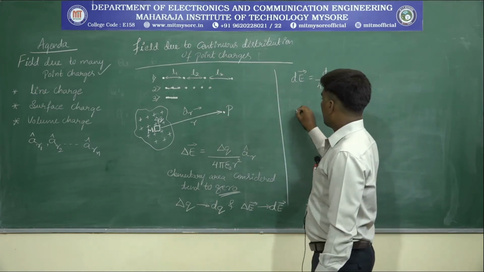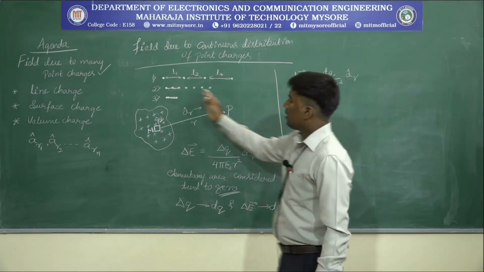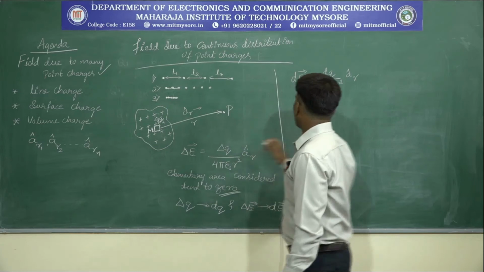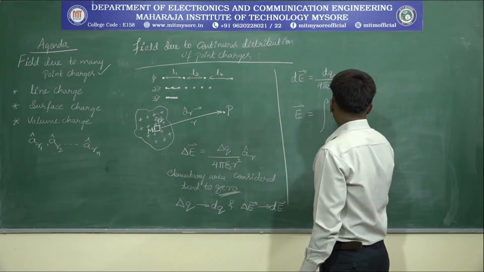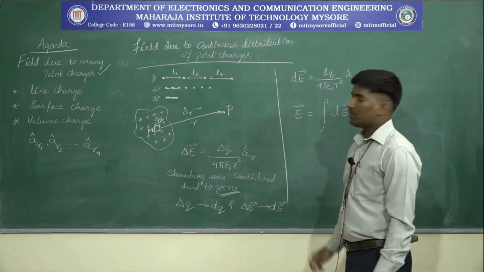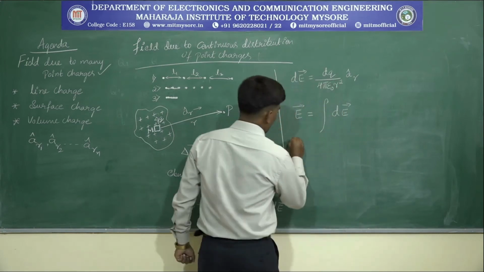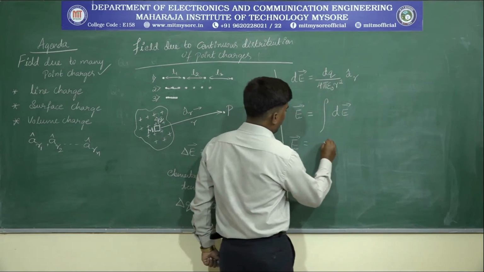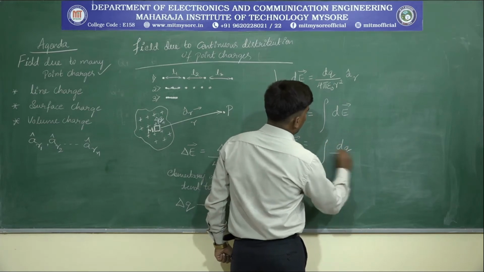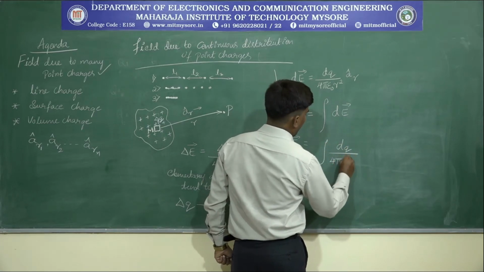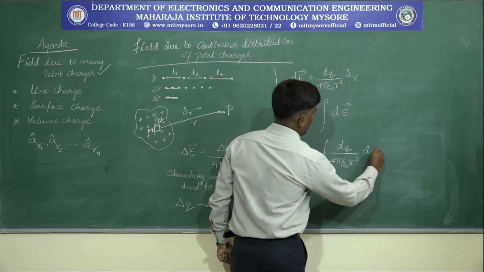This is the electric field intensity due to a small charge. Then the resultant electric field intensity due to the entire infinite number of point charges can be obtained by integrating all the differential electric field intensities. That can be done by using this equation: E is equal to the integration of dQ divided by 4 pi epsilon naught into r square into a cap r.